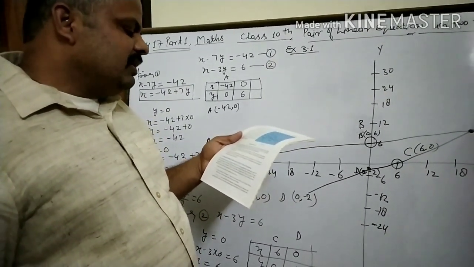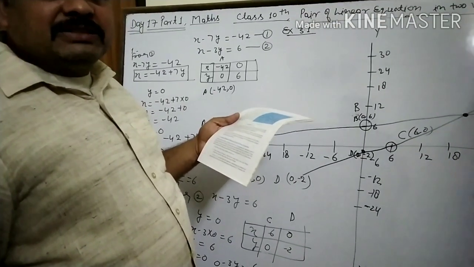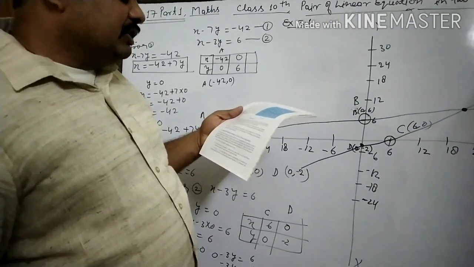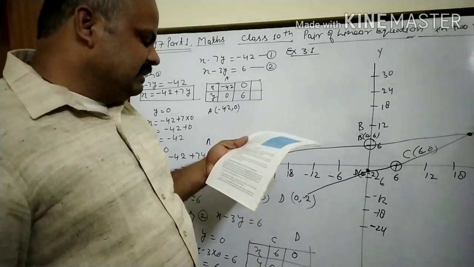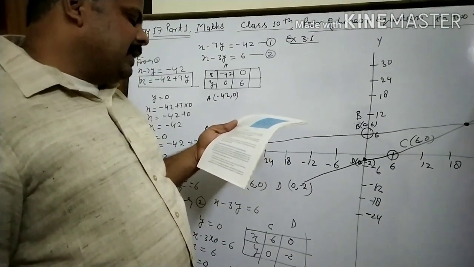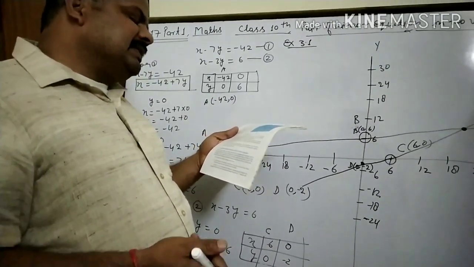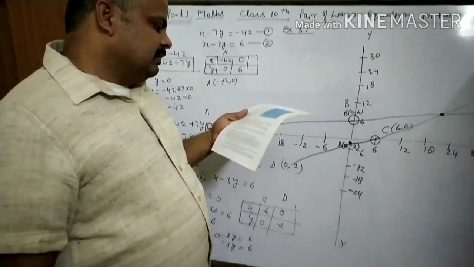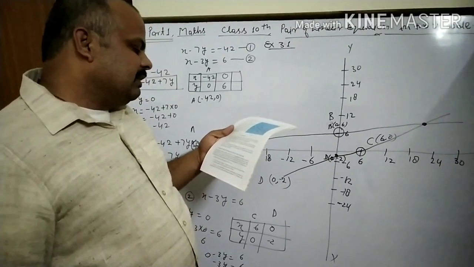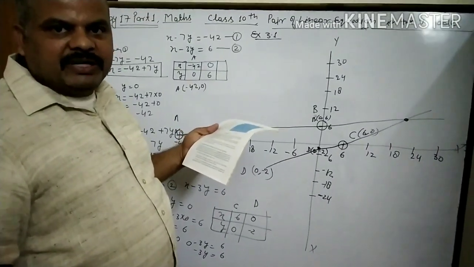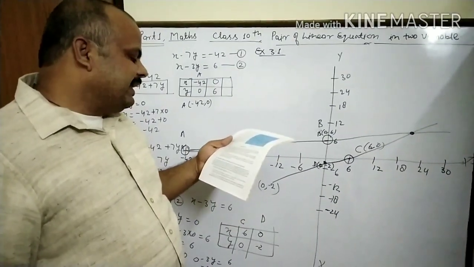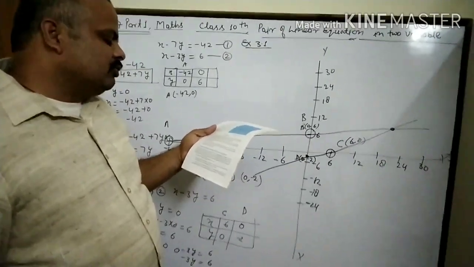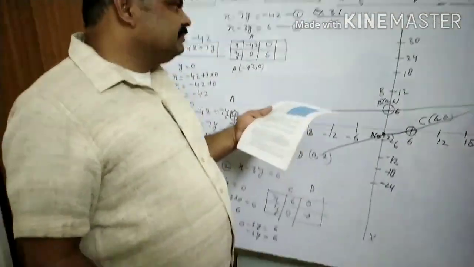Then 3 bats: 3x plus 6y is equal to 3,900. In the same way, 3 more balls means 6 balls before, 3 more means 9 balls. She buys later another bat means 1 bat. 1 bat x plus 9y is equal to 1,300.